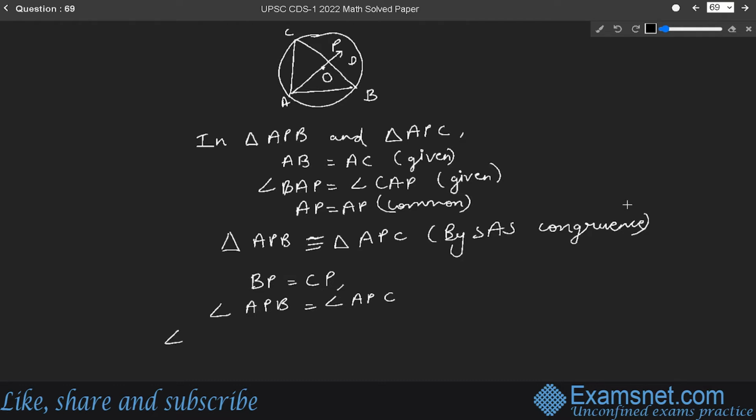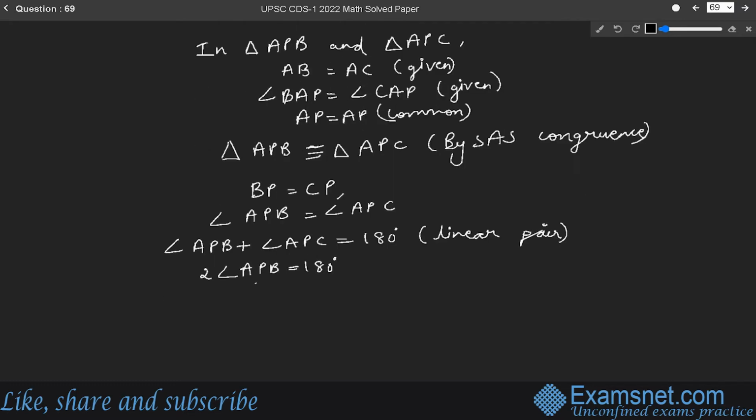Therefore, we can say that angle APB plus angle APC is equal to 180 degrees, since they are a linear pair. See, mentioning the reason is very important when we solve the congruence part. So, since both are equal, we can write 2 angle APB is equal to 180 degrees. Therefore, angle APB will be equal to 90 degrees.